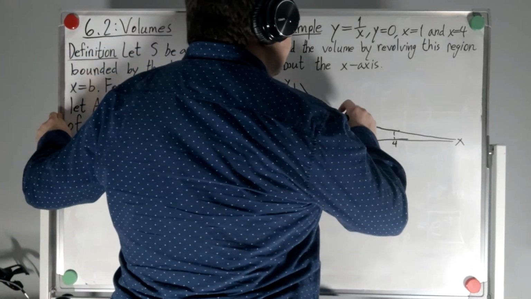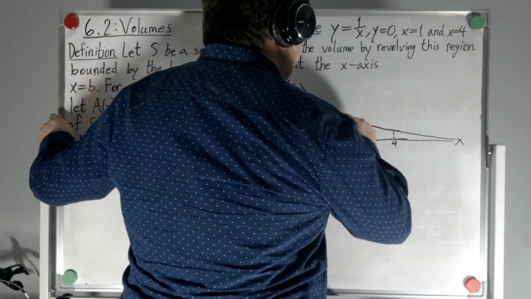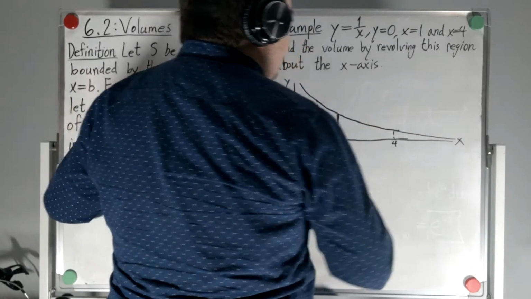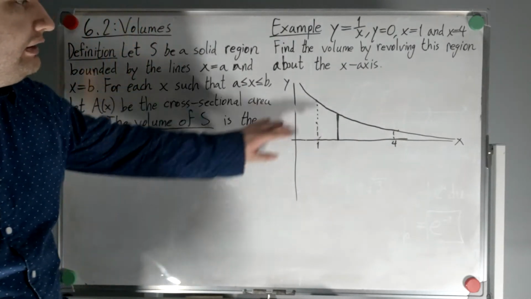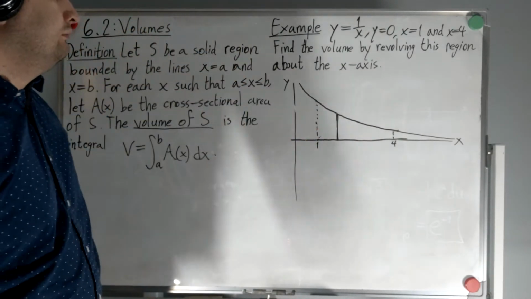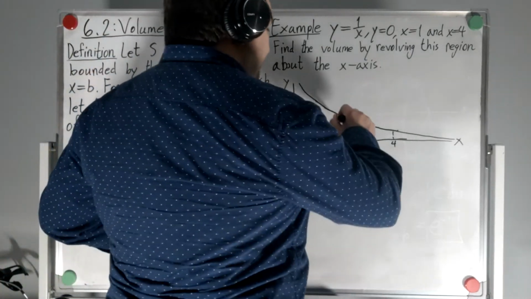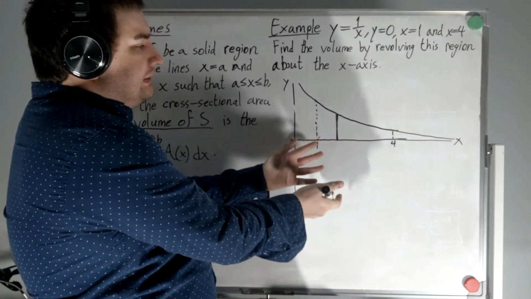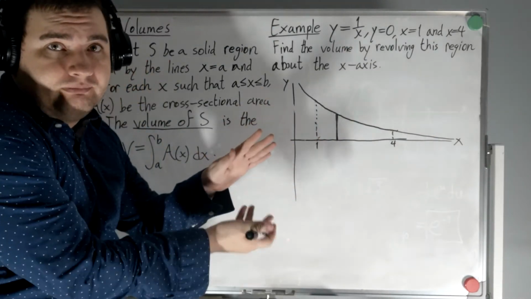So take a slice that's perpendicular to the axis of rotation. In this case, the axis of rotation is the x-axis, so we're going to take a slice perpendicular to that, so it should be vertical. When you rotate this around the x-axis, what you'll get is a disk.